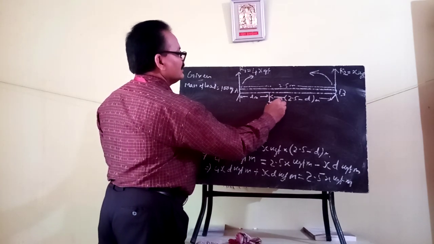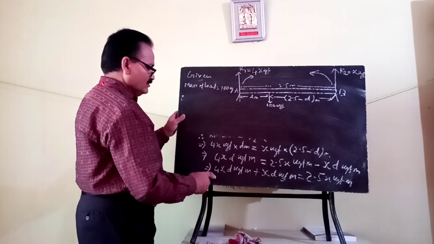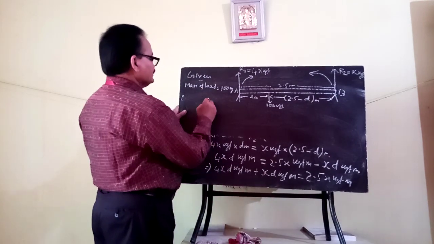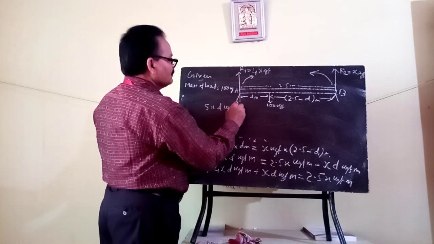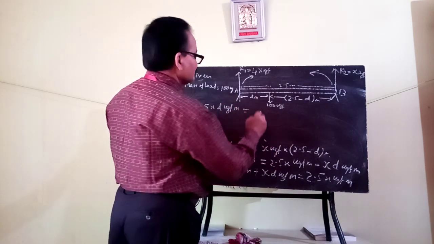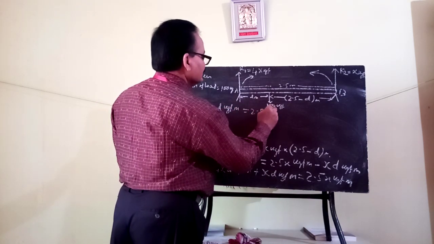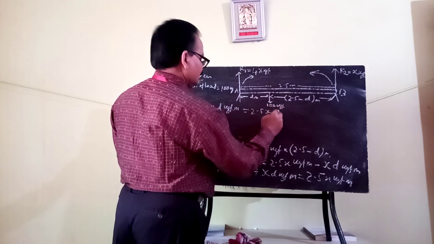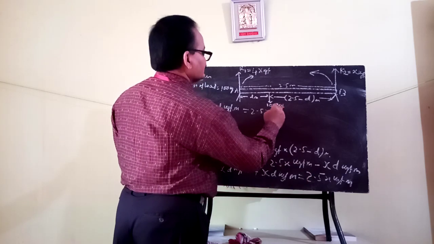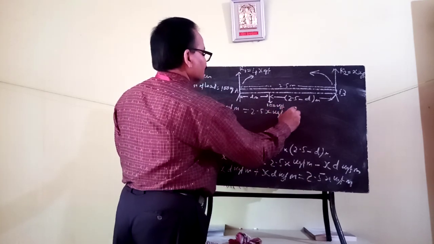Now after adding, this will be 5xd kgf meter equals 2.5x kgf meter.